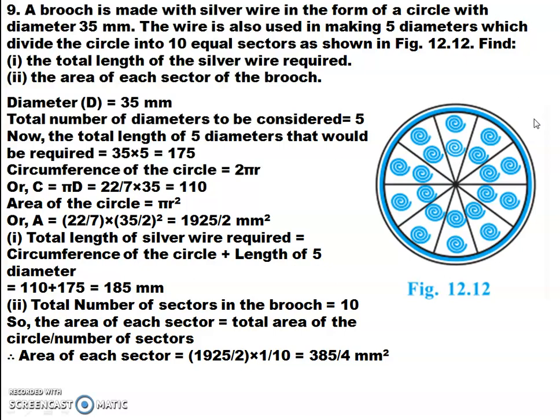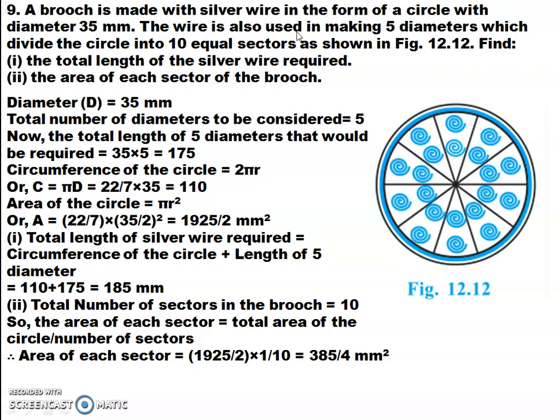Now, how many diameters? 5 diameters. The diameter of the circle is given as 35 millimeter. So, if one diameter is 35 millimeter, what will be the length of 5 diameters? 35 into 5.